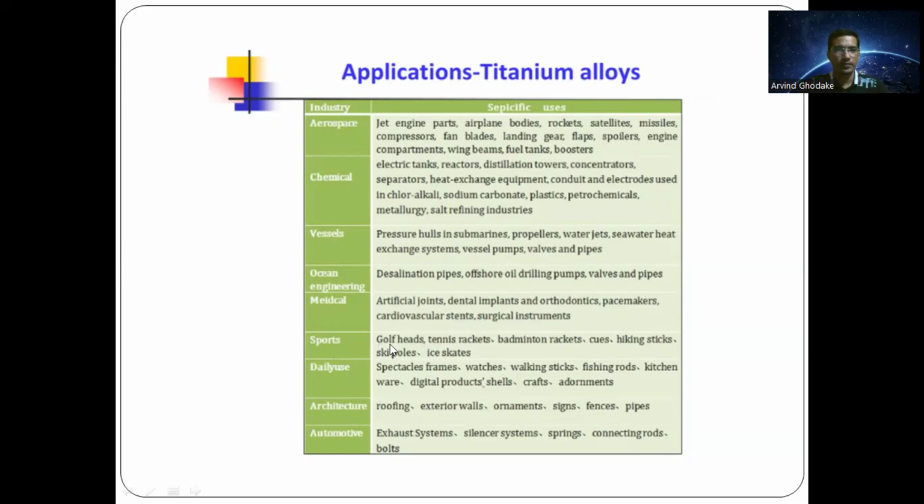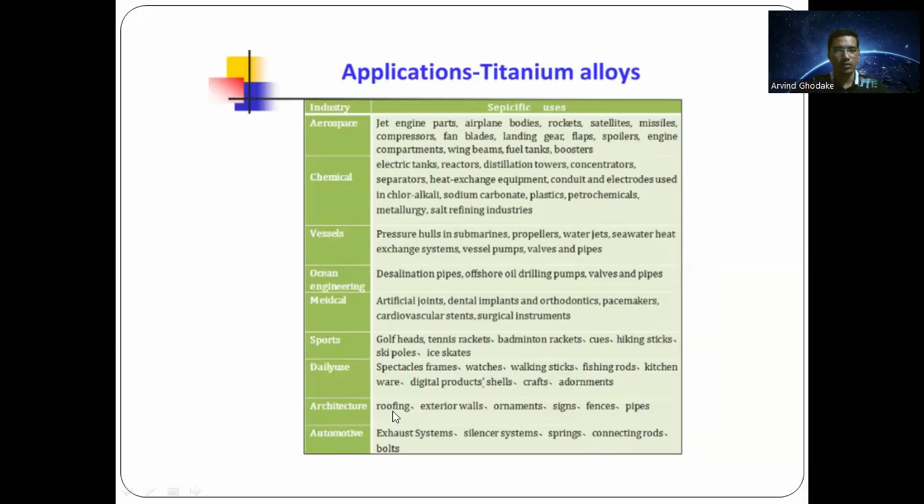Then sports industry: golf heads, tennis rackets, badminton rackets, cues, hockey sticks, ski poles, ice skates, etc. Then daily use applications: frames, watches, walking sticks, fishing rods, kitchenware, digital product shelves, crafts, etc.